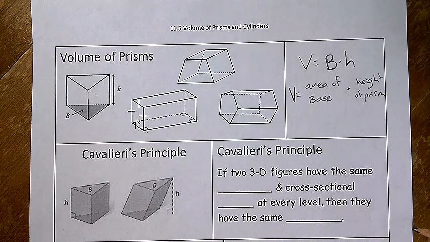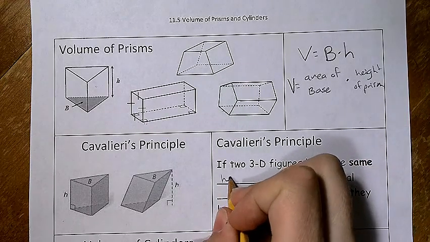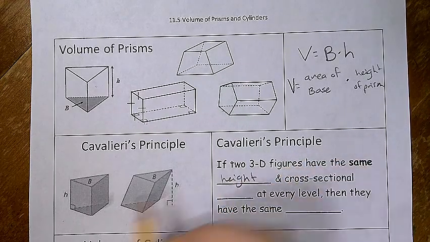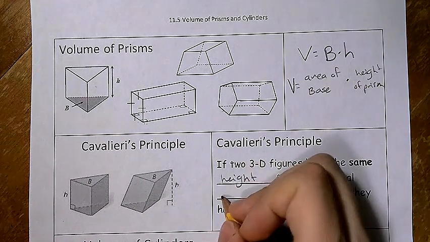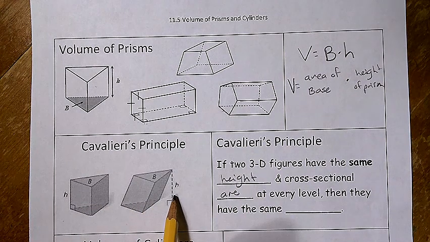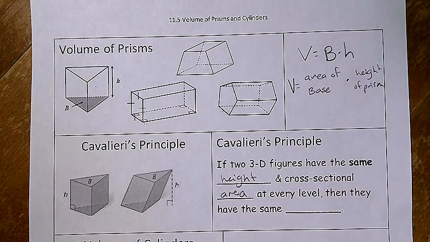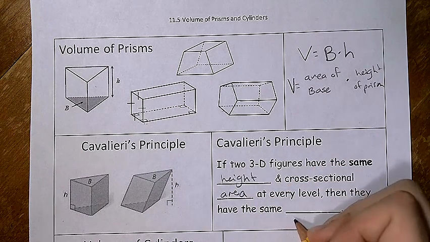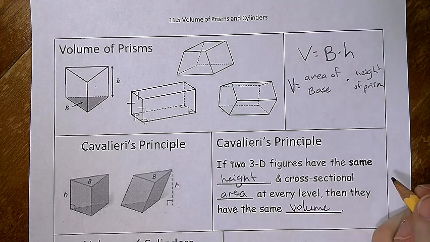Cavalieri's principle says if two 3D figures have the same height and cross-sectional area, as in if I took a knife or something and were to cut these, they would have the same shape, the same area at every level, then they have the same volume.